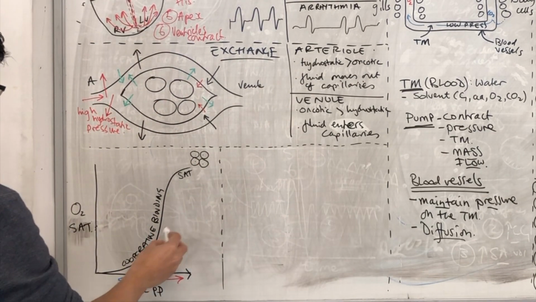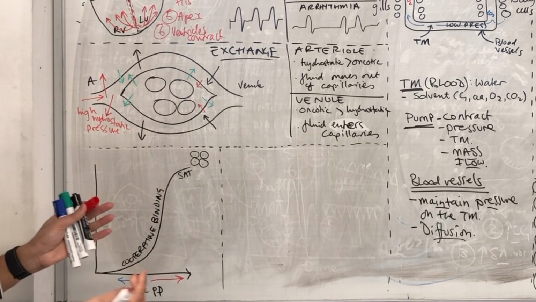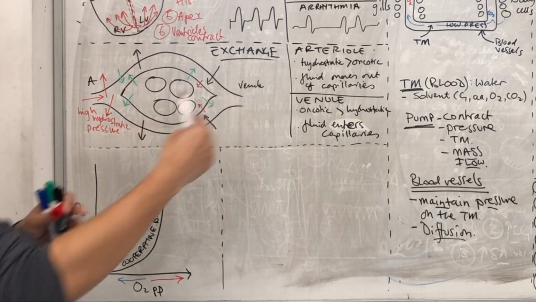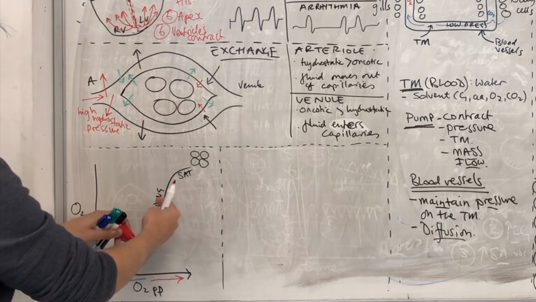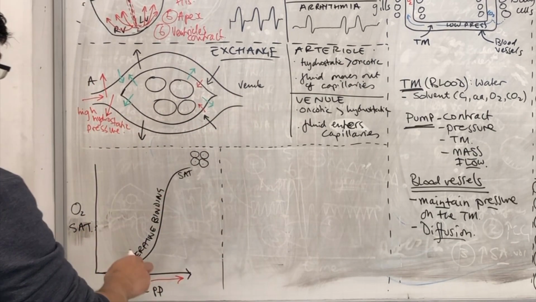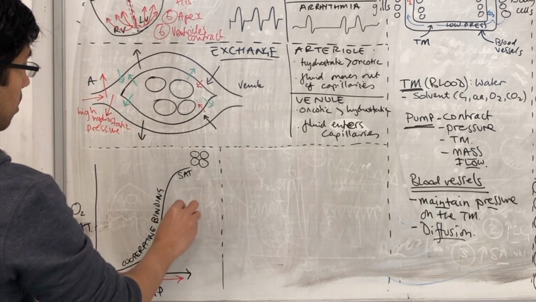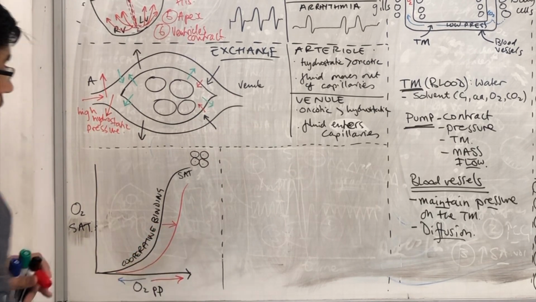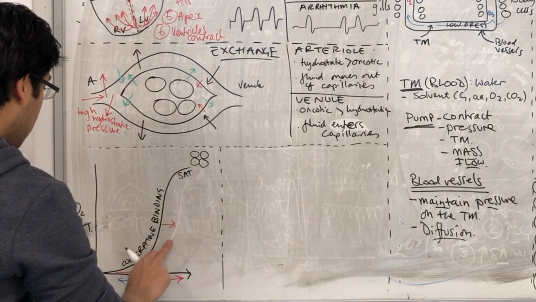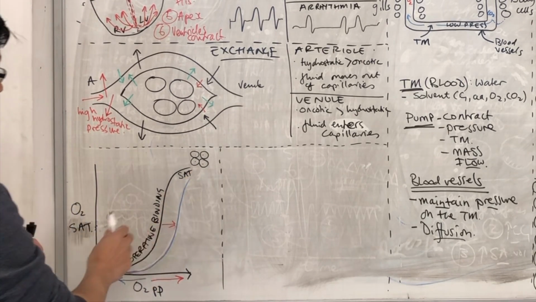Sticking on that theme, what helps further is that I'm going to add a line here for what the curve looks like in a higher concentration of carbon dioxide. So not only does the availability of oxygen affect the curve, but the concentration of CO2 also affects the curve. If you increase the CO2 concentration, the curve shifts to the right.